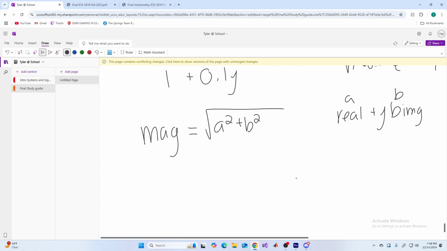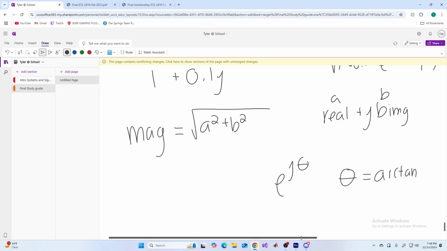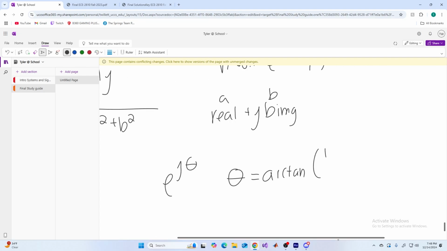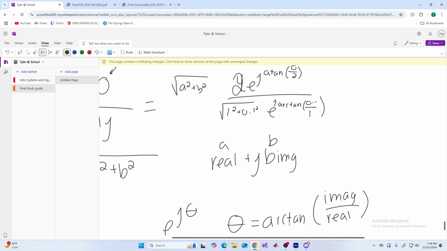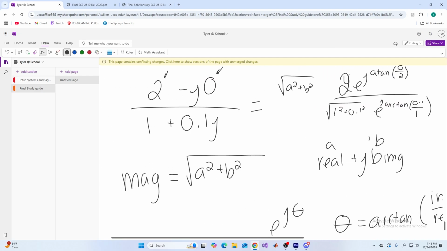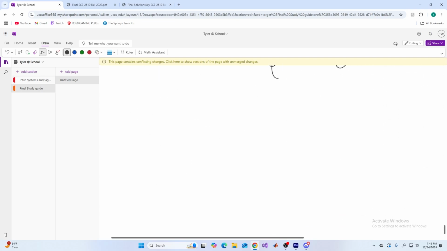And then you're going to have e to the j theta, where theta equals the arctangent of imaginary divided by your real. That's literally just this. That's all you're doing. You're literally just plugging this in, finding out what your reals are. You'll obviously divide them, and then you're going to get an e to the j theta divided by an e to the j theta.